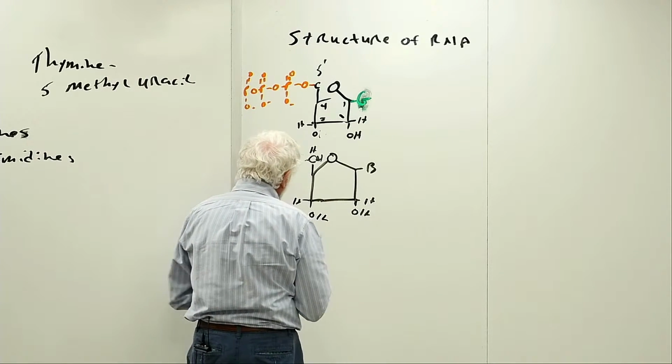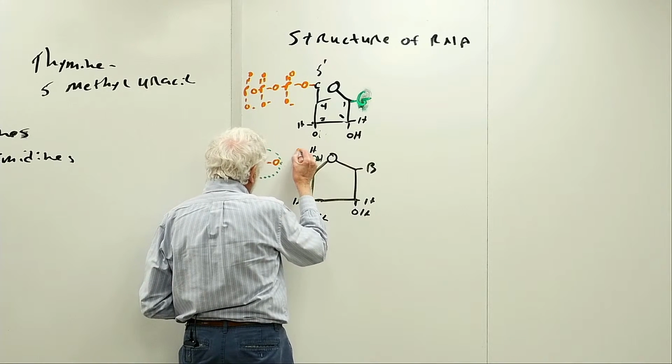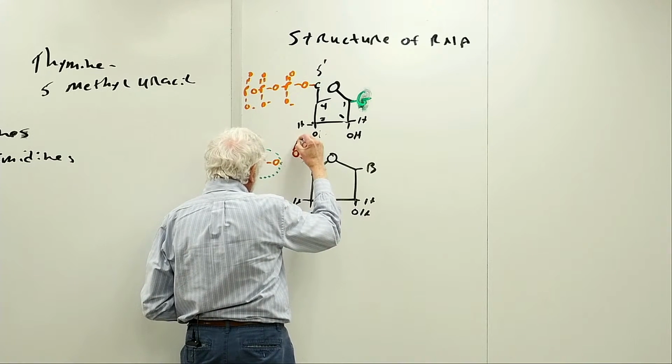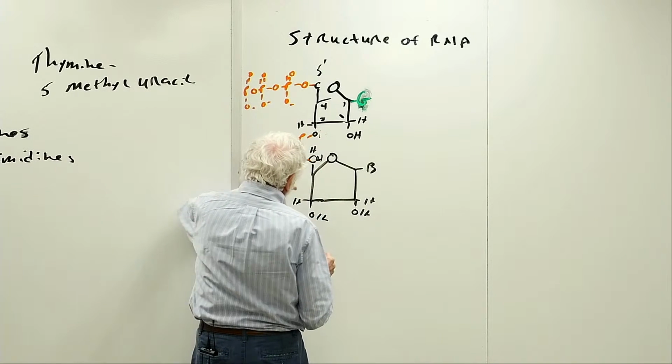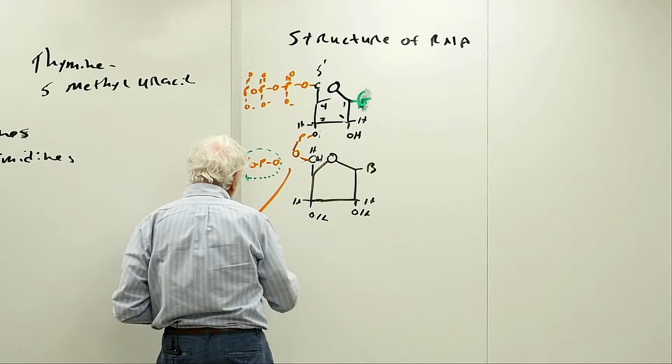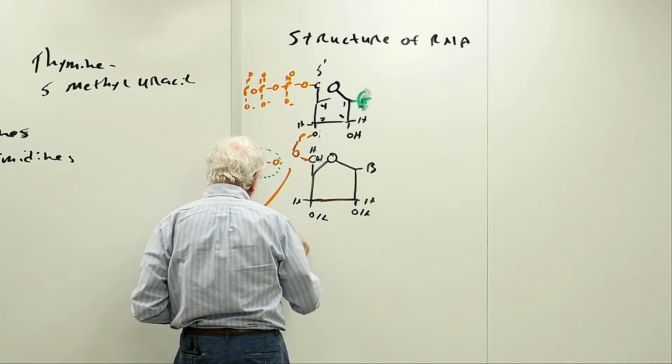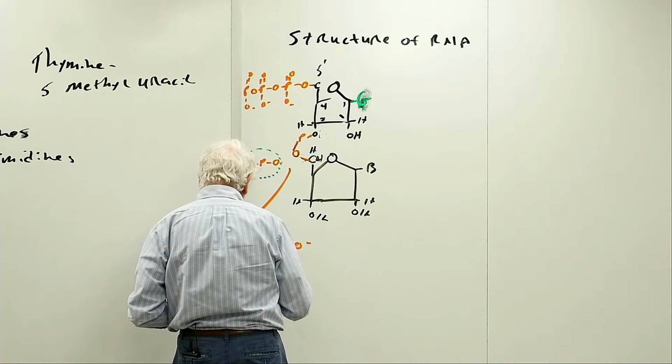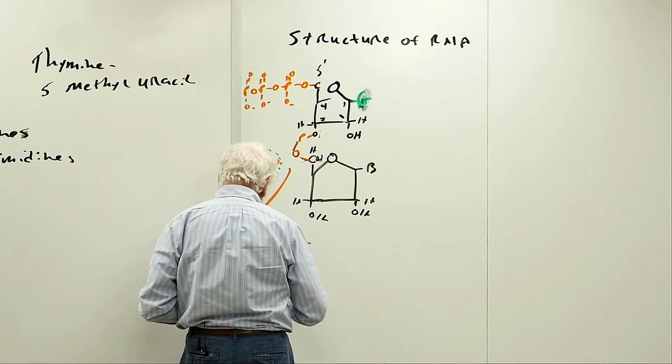So there's the carbon, there's an oxygen, there's a phosphorus, there's an oxygen. And you'll recognize this again as the phosphodiester bond.